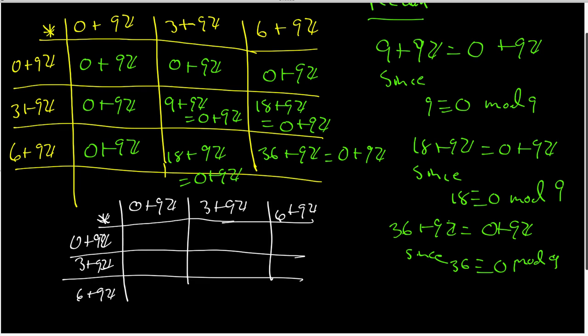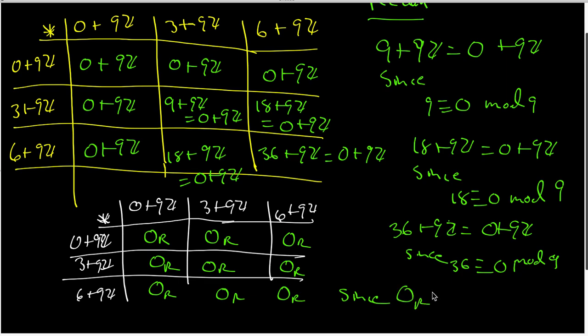But the answers are always going to simply be the 0 inside the ring, because the 0 inside this ring is nothing more than 0 plus 9z. That's one of the things that we know about quotient rings.